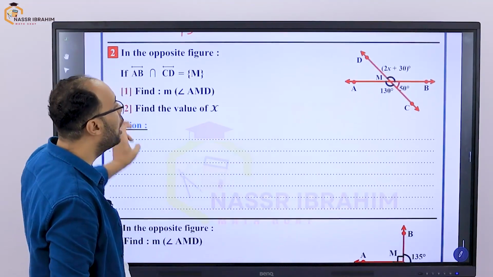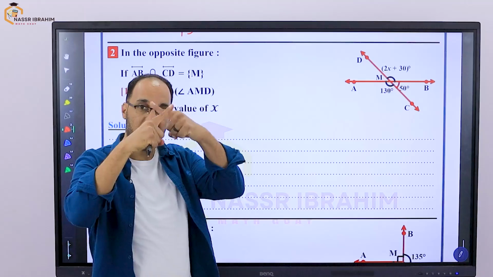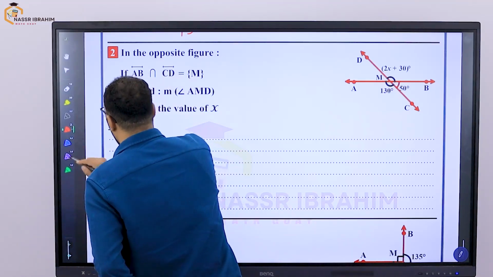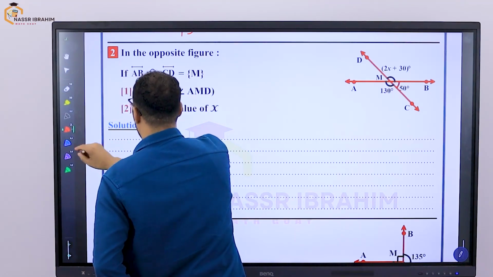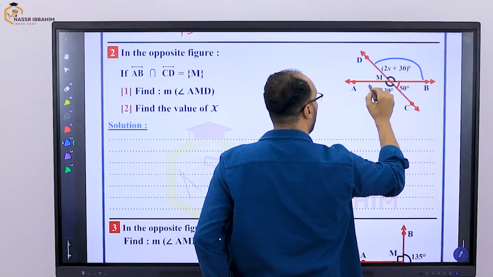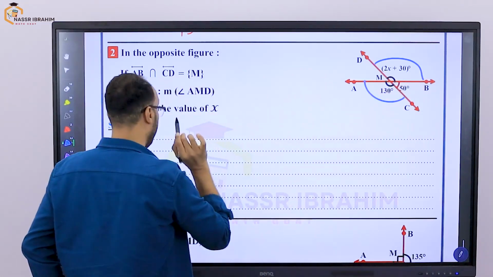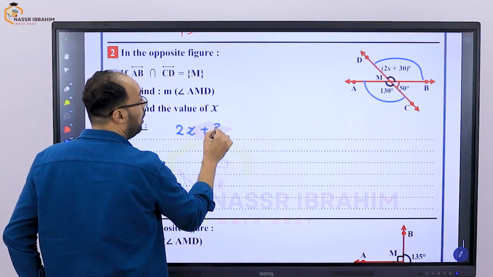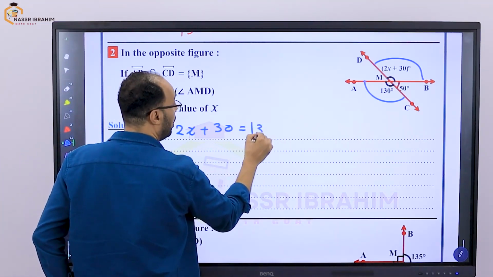Here we have vertical opposite angles. As I said before, x is the sign. Of course, as you see, you will find that the measure of angle 2x plus 30 is opposite to 130. So we will write that 2x plus 30 equals 130 degrees.